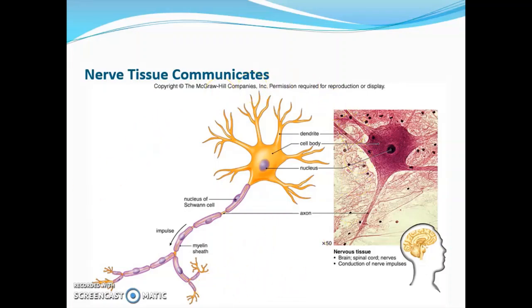This is an example of a neuron. A neuron, or very often we also call it a nerve cell, consists of three main parts in terms of structure. The first is the cell body. Second is the dendrite. And finally is a long extension which we call the axon.